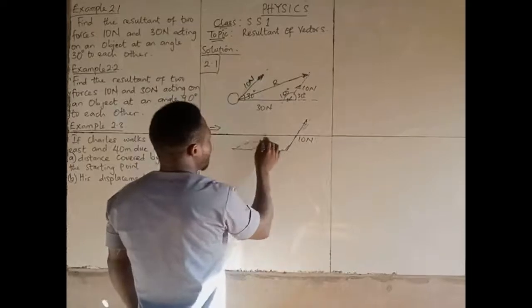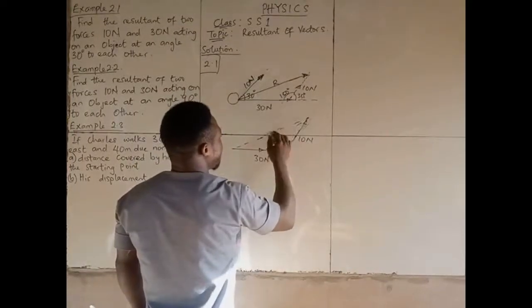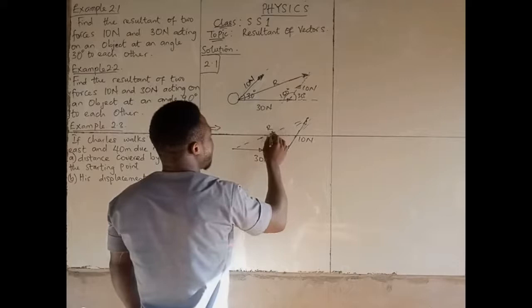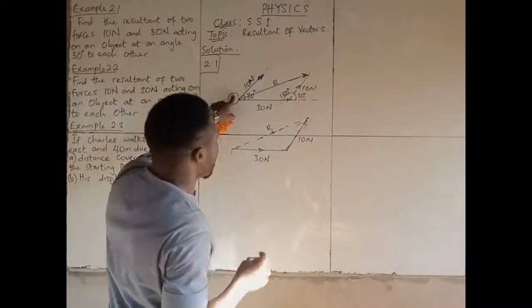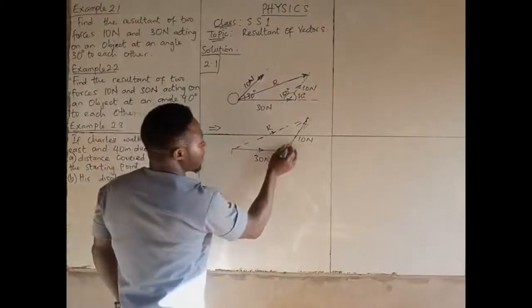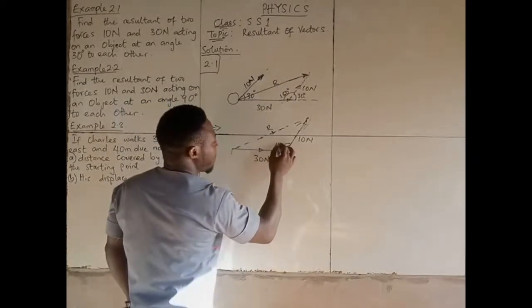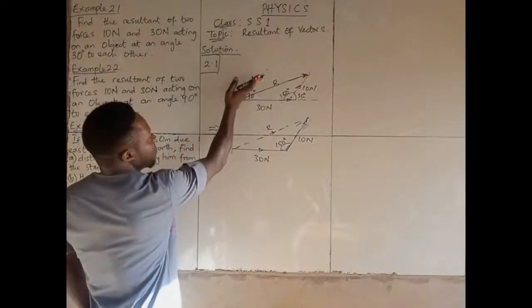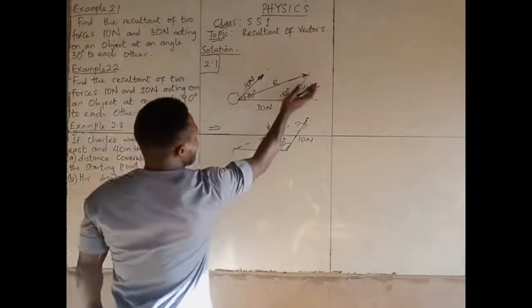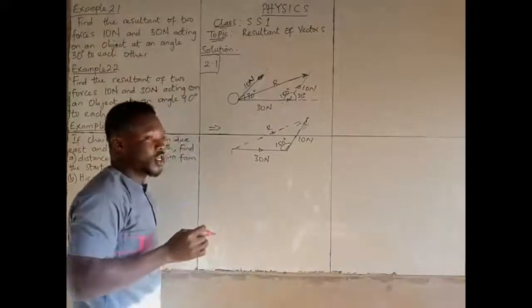And this is your resultant R. Resultant R that you are looking for. That is the overall force that acts on this object O. The angle between 10 Newton and 30 Newton now is 150 degrees. That is after we have transferred this particular force to this side so that we can form a good triangle.